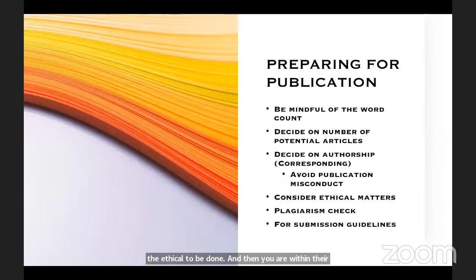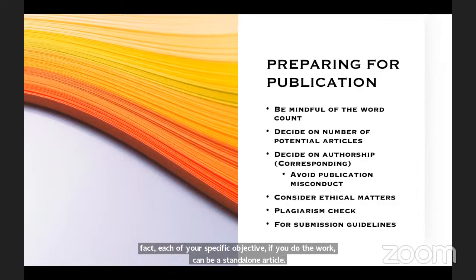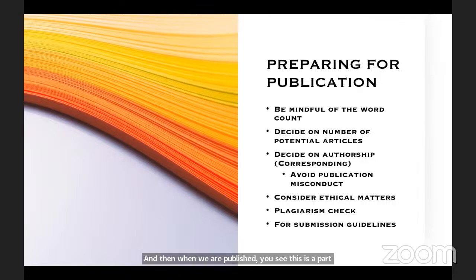Then you can decide on the number of potential articles. One good thing, if you do a thorough job, one dissertation can get you 3 or 4 articles. In fact, each of your specific objectives, if you do them well, can be a standalone article. And then when you are publishing, you say this is a part of a larger study, so that you won't be accused of salami slicing.